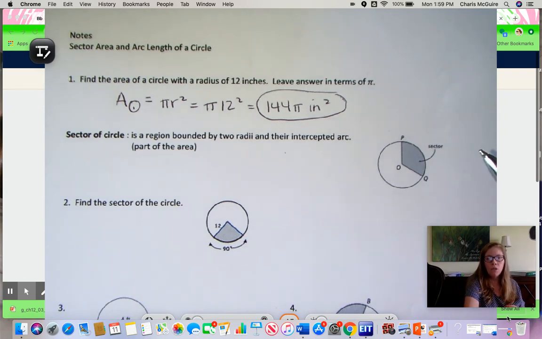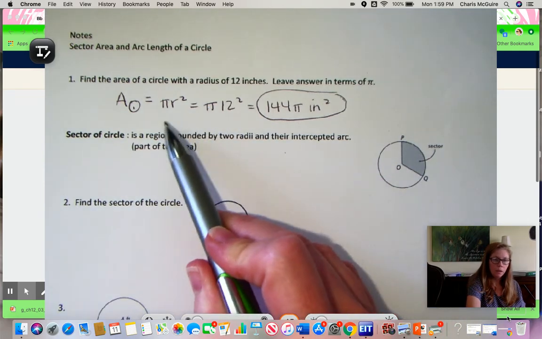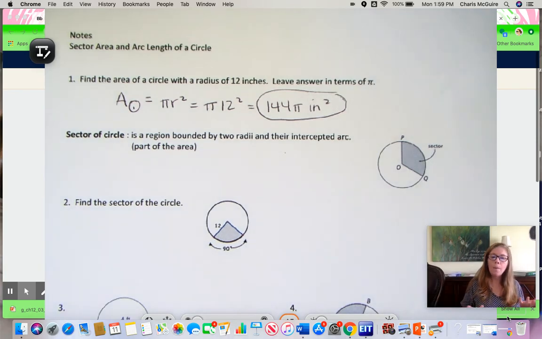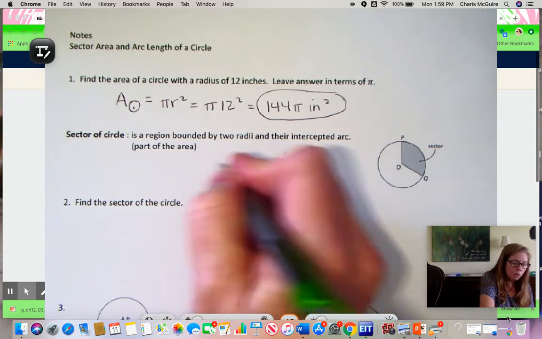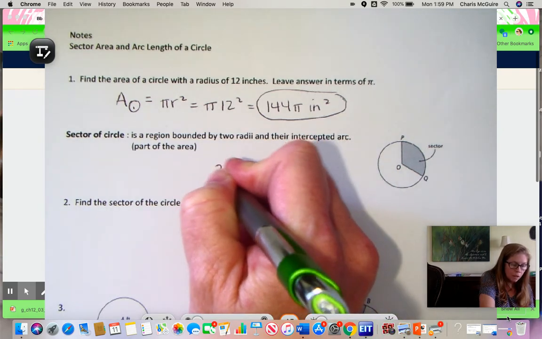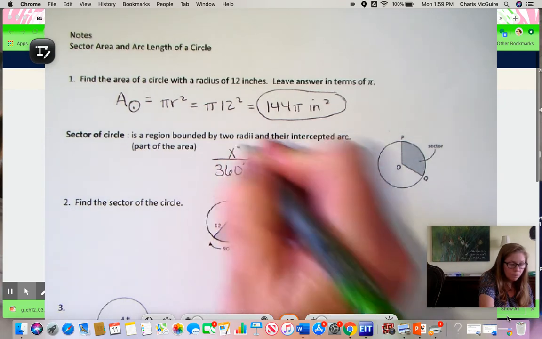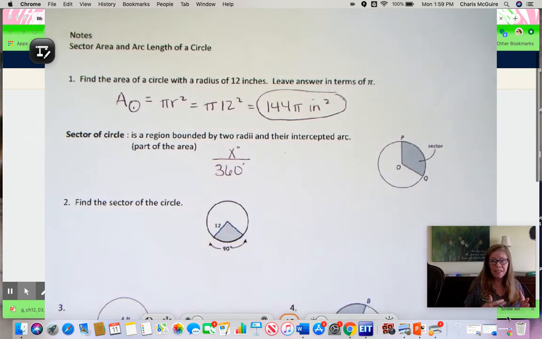It's just a portion of the circle. So what we're going to do is we're going to actually use the area formula, the pi r squared, but we don't need the entire circle. We're going to use a part of the circle. And so if you think about it, your whole entire circle is 360 degrees. We're going to use whatever portion that they give us.